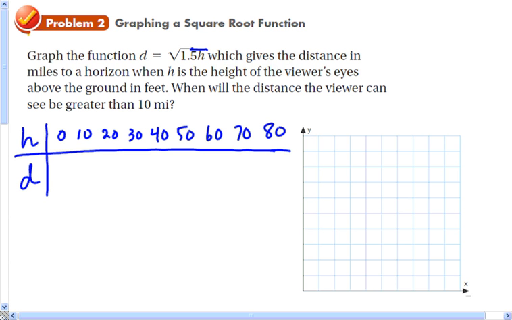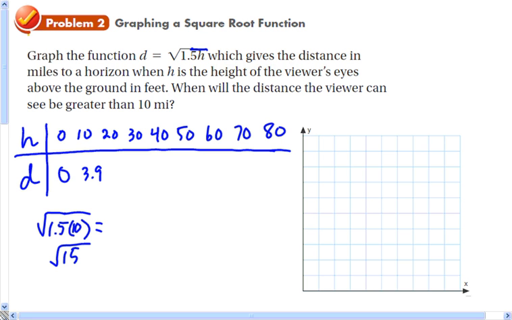And then my outputs would be, if I take 1.5 times 0, I get 0. Square root of 0 is 0. If I put 10 in there, 1.5 times 10 is 15. Square root of 15 is a little less than 4. It's about 3.9.